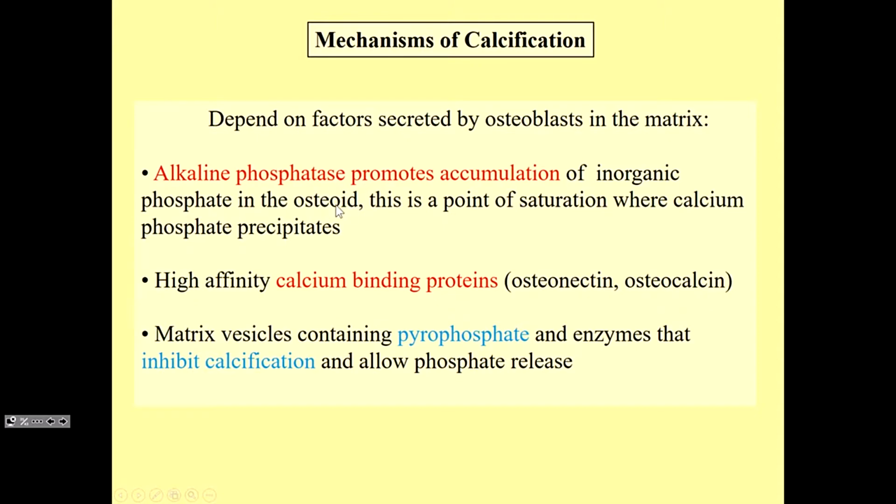And of course, as you get more and more calcium phosphate, eventually it reaches a saturation point where it will precipitate out as a salt, the calcium phosphate salt. And that's also facilitated by these calcium binding proteins that will bind that calcium phosphate and keep it in place. And this deposition of calcium phosphate inorganic material is actually antagonized by pyrophosphates that can inhibit calcification.